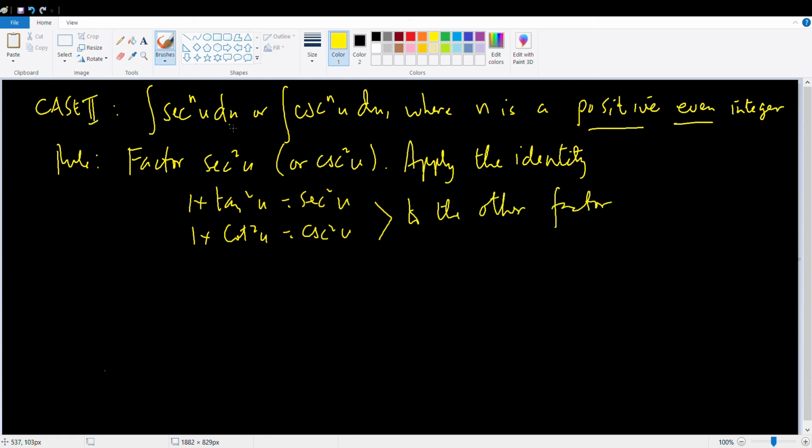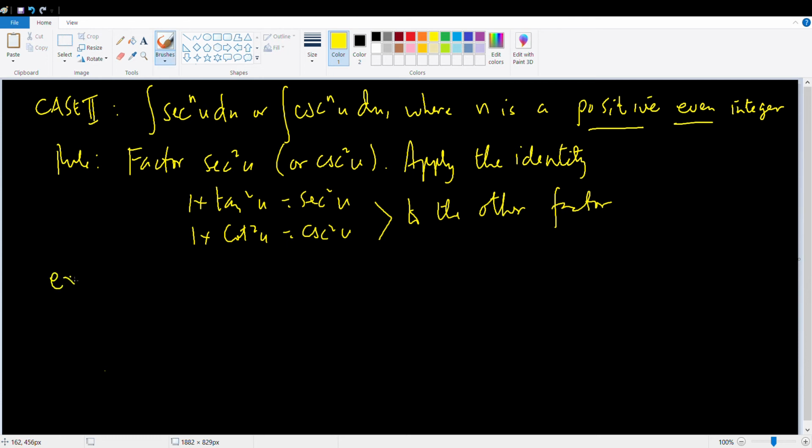So after factoring secant squared, the other factor should be expressed in terms of tangent or in terms of cotangent, so that eventually we'll be able to use the power formula or any other fundamental formula.